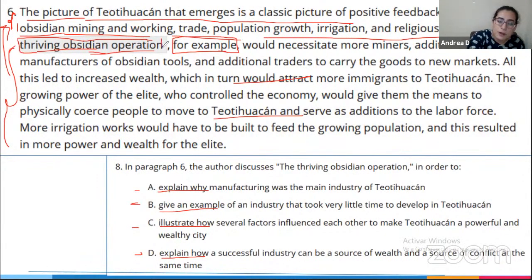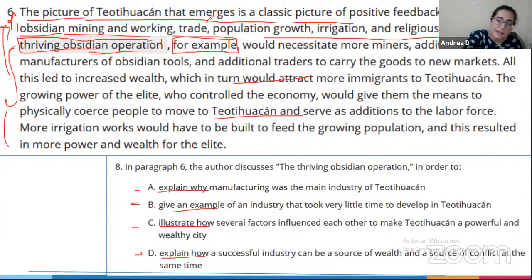What is it exemplifying? The thriving obsidian operation, for example of what? Maybe of development. Of development, yes.